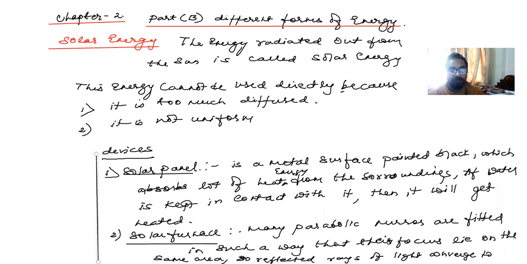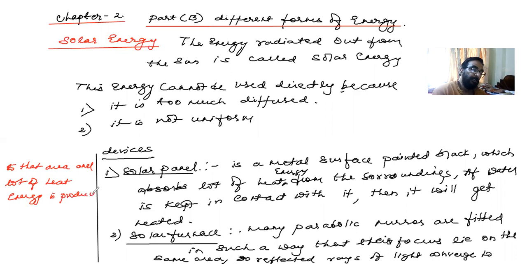The reflected rays of light converge to that area, and a lot of heat energy is produced in that area.